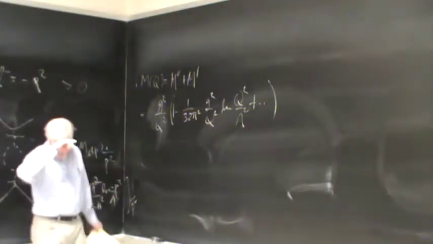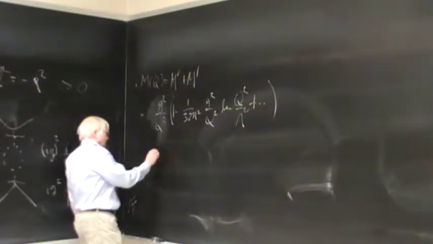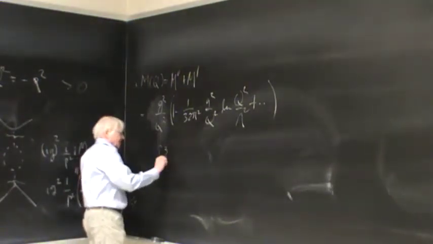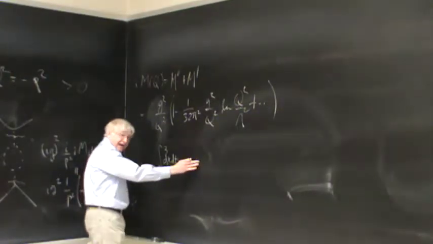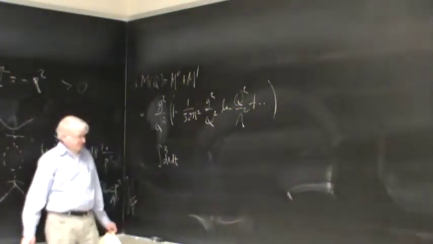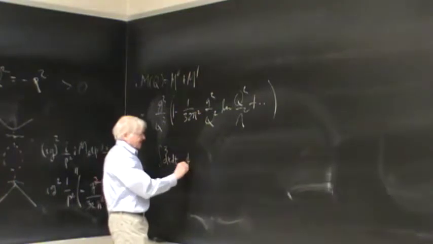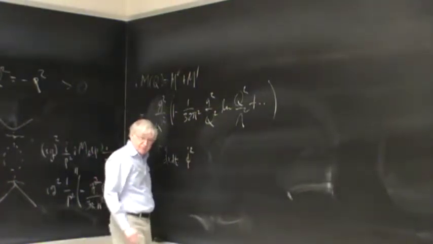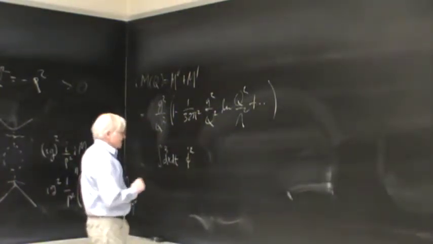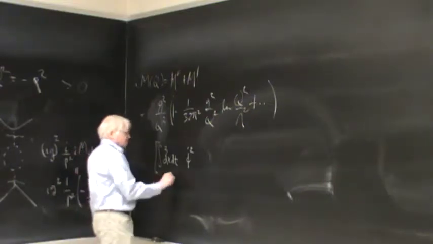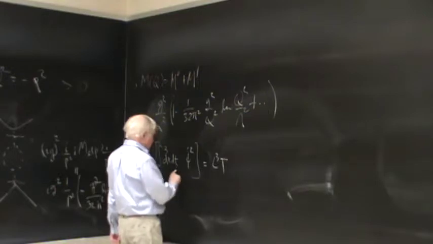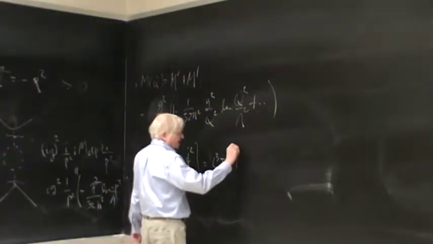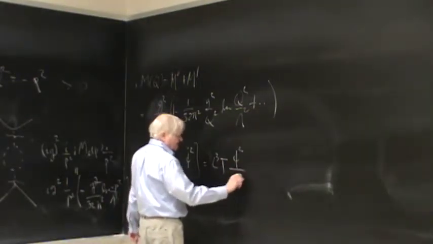Now, let me remind you that in 4 dimensions what we have is d cubed x dt, that's the action, and then we have the action density. And for a scalar field, we would have something like phi dot squared. Okay. So what does that mean from the point of view of dimensional analysis? Well, this is L cubed t phi squared over t squared.